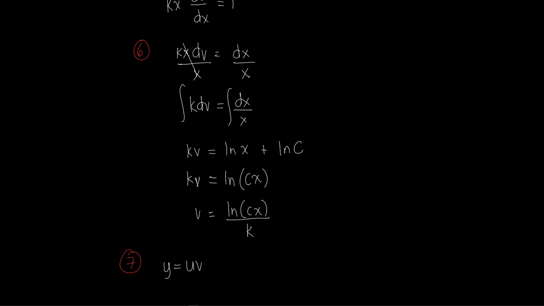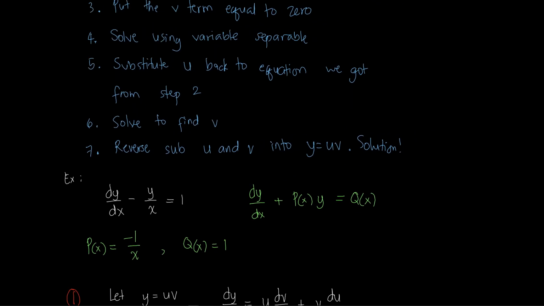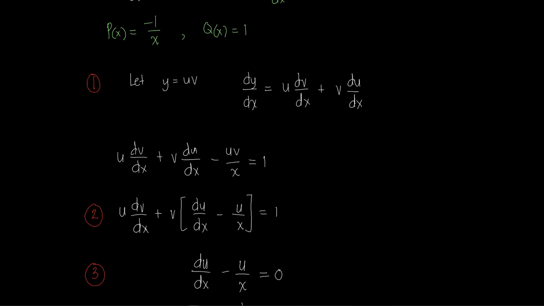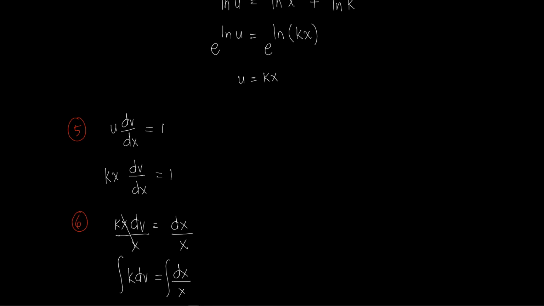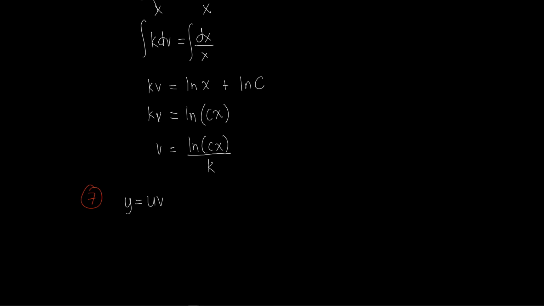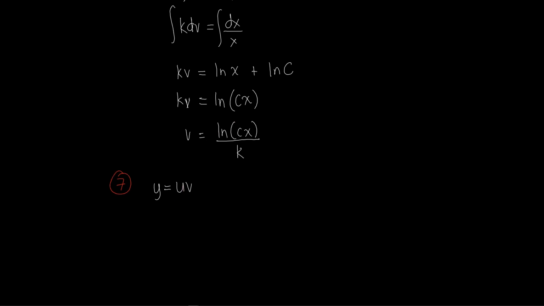That's the instruction in step 7: reverse substitute u and v into y is equal to uv, and that's the solution. Since we already have u, what's our u? This is our u, and this is our v. So we reverse substitute that.